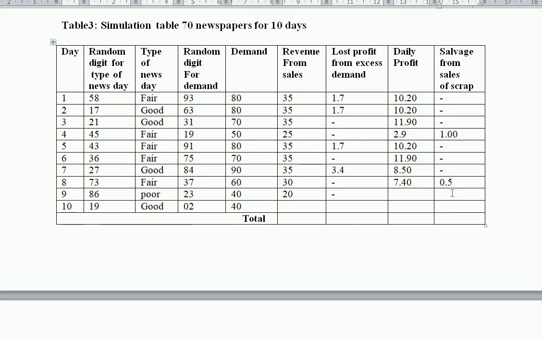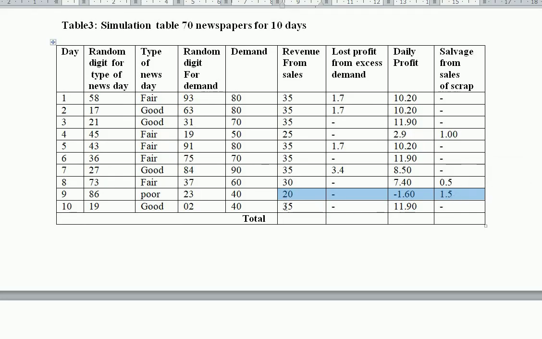So 30 into 5 paisa, you are going to get 1.5. And the daily profit using a formula, if you calculate, you are going to get a negative value. It means that it is not a profit, it is a loss. For the same thing, we have a demand of 40 on day 10. So copy and the same value you are going to get here.